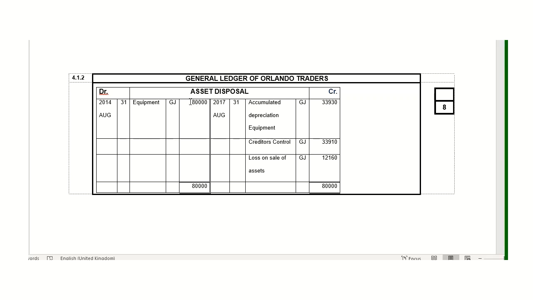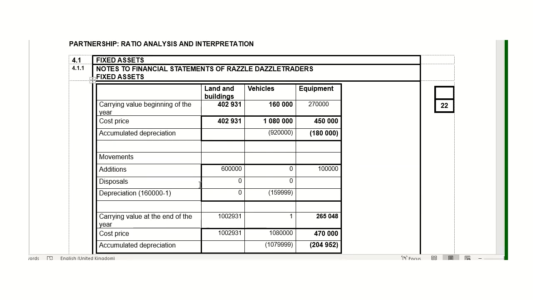So the difference between the 80 and the 33,930 is my carrying value. So because I'm going to do a calculation, I'll just show it there. It's the 80,000 cost minus the accumulated of 33,930, and that answer is 46,070 rand.